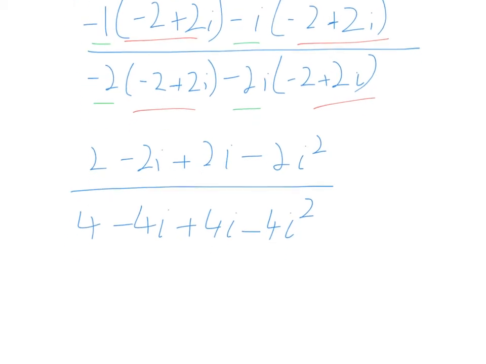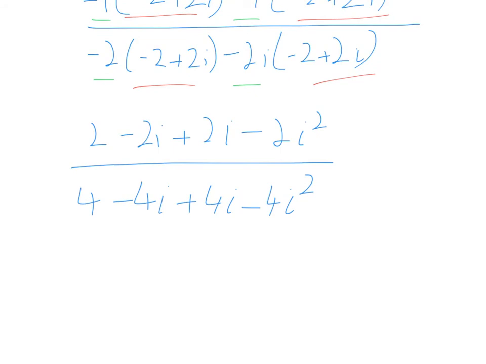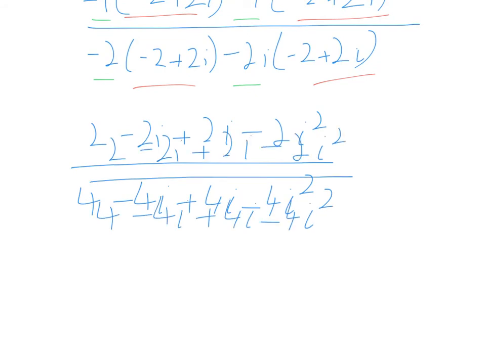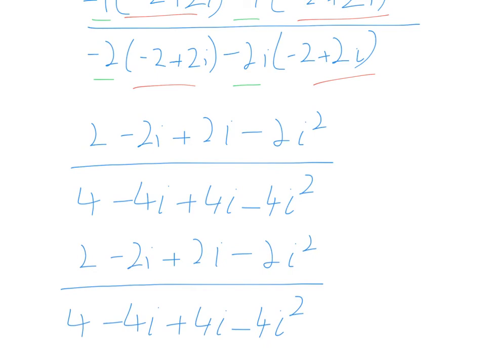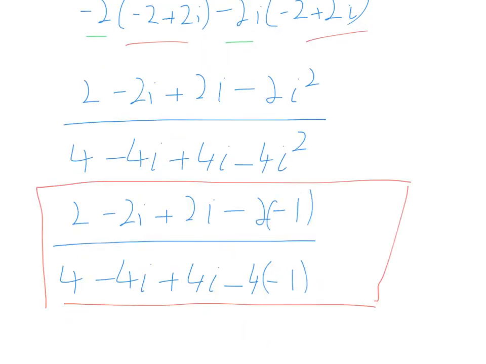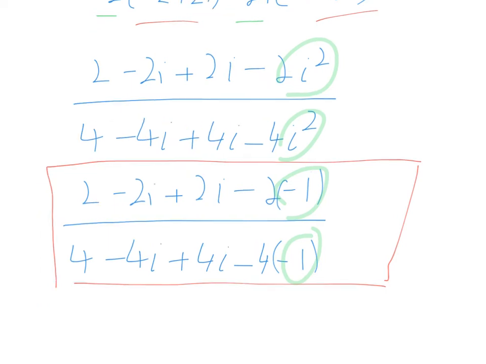So our next step will be to rewrite the whole fraction. I'll put a little box around this fraction here because it was getting harder to tell the difference between each fraction and the one above it. So we took the i squareds and we subbed them in for minus 1. So that happened on the top and on the bottom. So we can redo the fraction now.